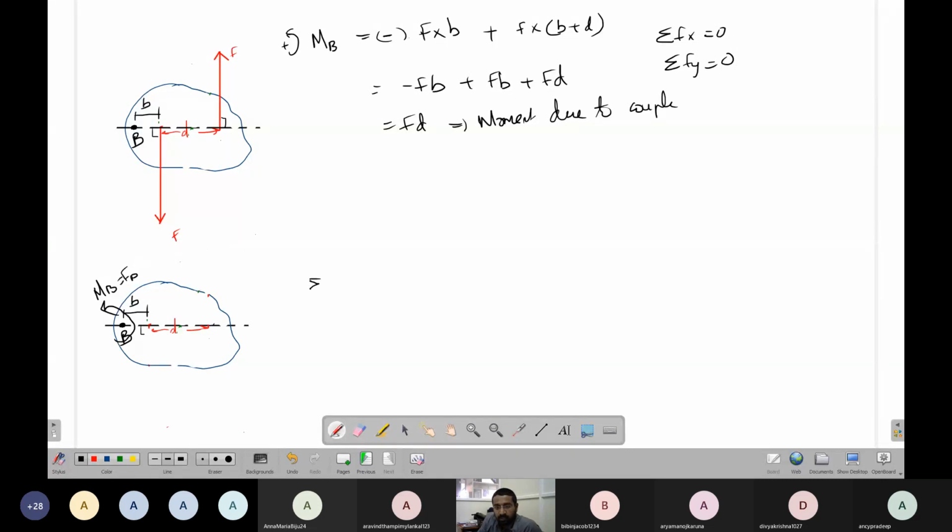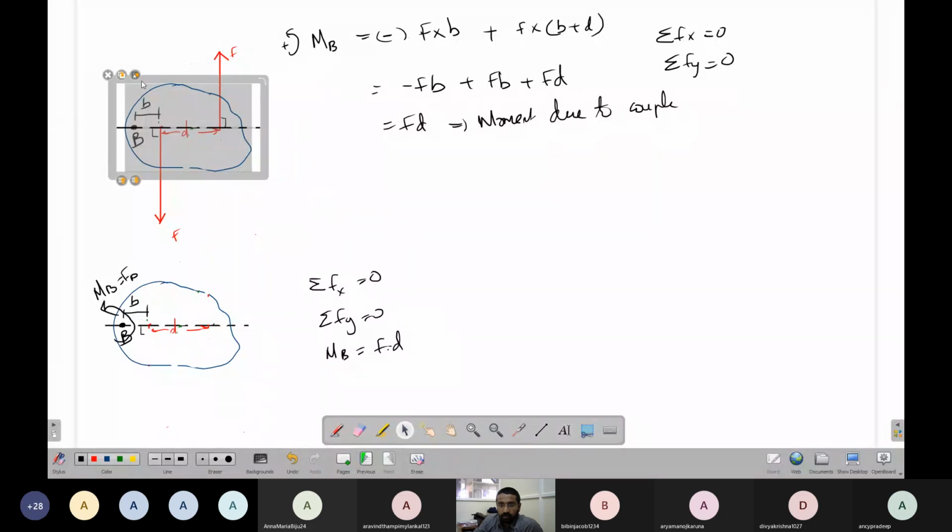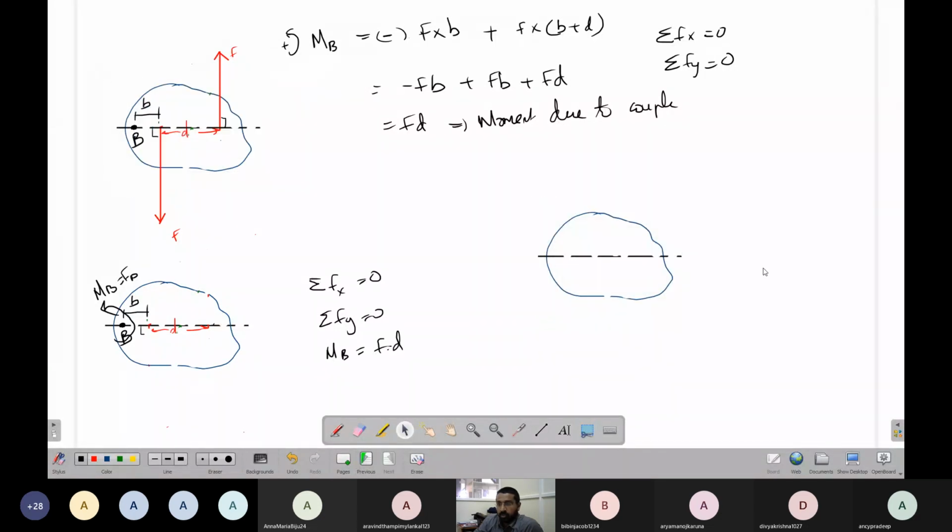The system is the same one, because summation of forces in x equal to 0, summation of forces in y equal to 0, moment about d equal to F into d. So it is the same one. Basically, if I represent it like this, it is the same.